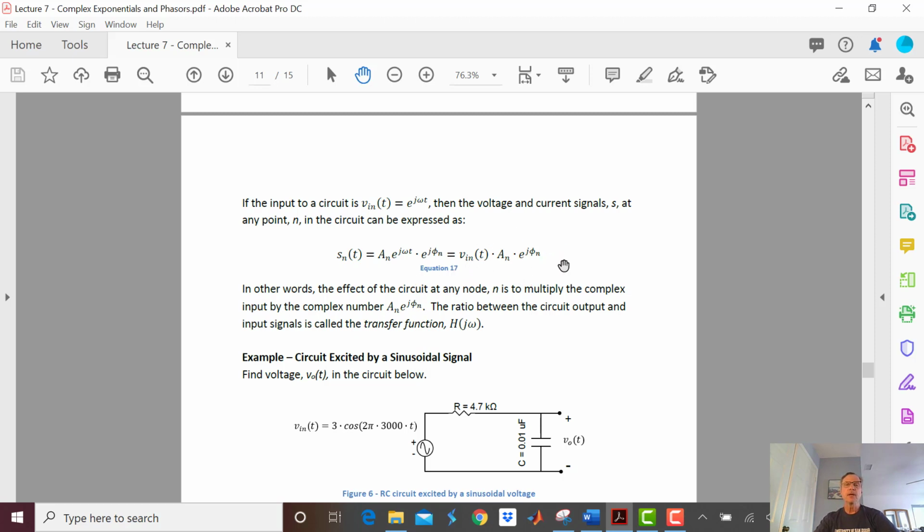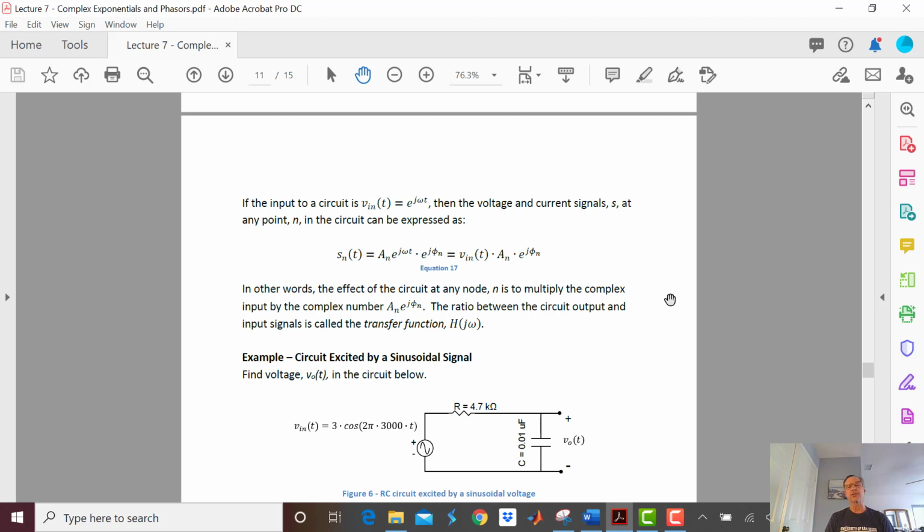Okay, so in other words, the effect of the circuit at any node is to multiply the complex input by the complex number A sub n e to the j phi sub n. And the ratio between the circuit output and input signals is called the transfer function, or H of j omega.